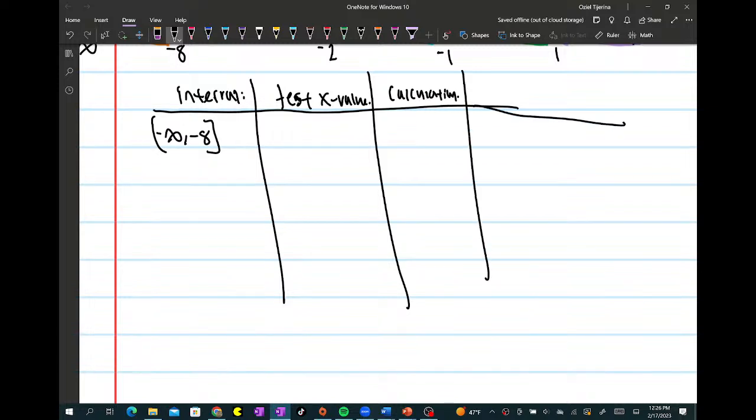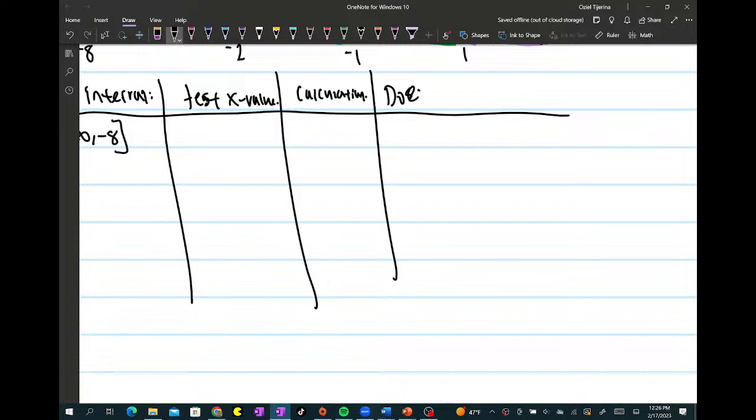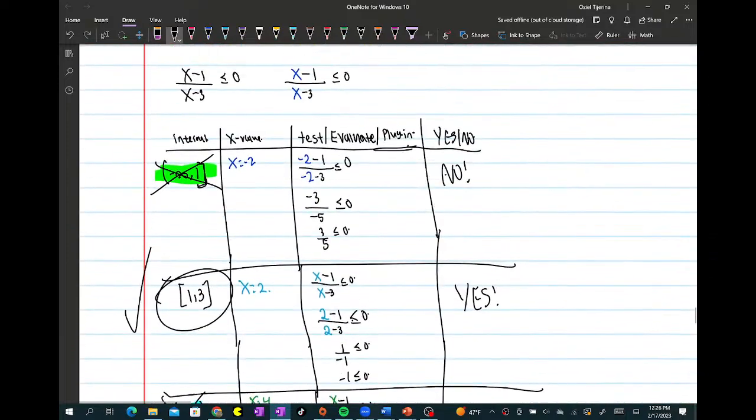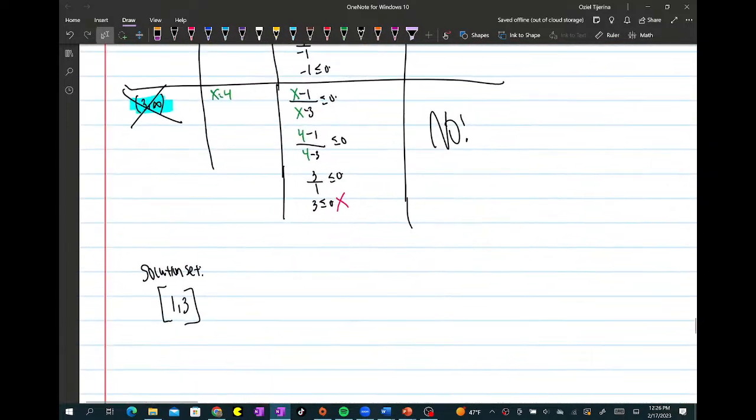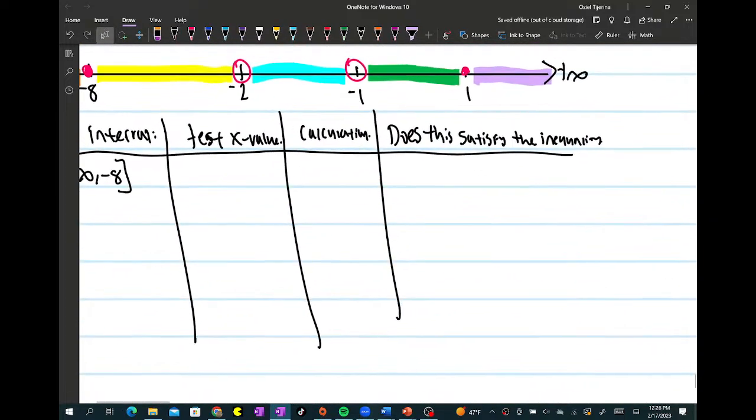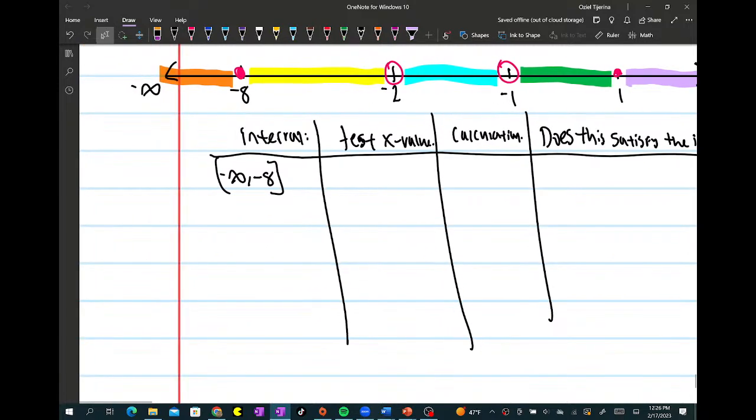And then I'll put, does this satisfy the inequality? This stuff that I'm doing here is exactly the same way I did it the other way. I guess I'm wording it differently. I put yes or no here. That's the same thing. Basically, does it satisfy the inequality? Yes or no, right?